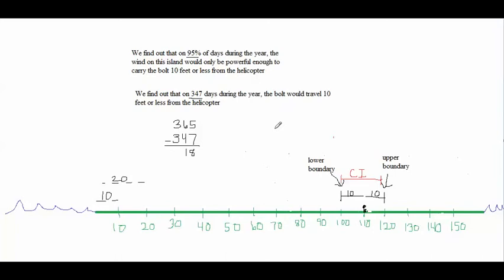If the bolt had a 95% probability of falling on a day when it would travel 10 feet or less, that pretty much means that the bolt had a 95% probability of traveling 10 feet or less. The bolt had a 5% probability of traveling more than 10 feet. And since we know that, we can now say afterward, after the bolt already fell, that we're 95% confident that the bolt did travel 10 feet or less.